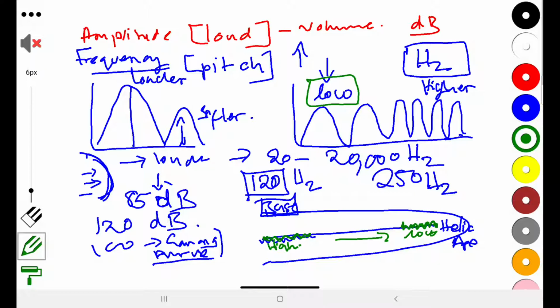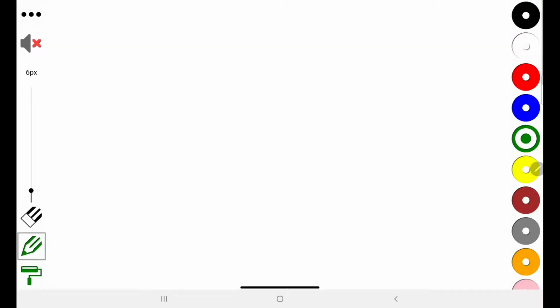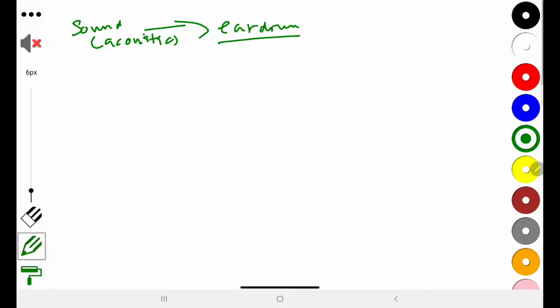So it moves from sound energy to mechanical energy. So the acoustic energy through the eardrum is changed to mechanical energy.